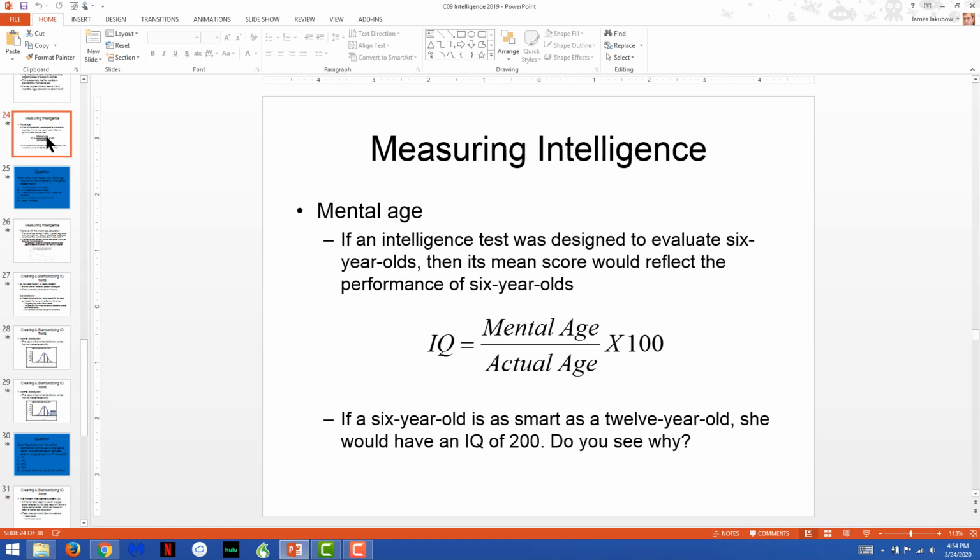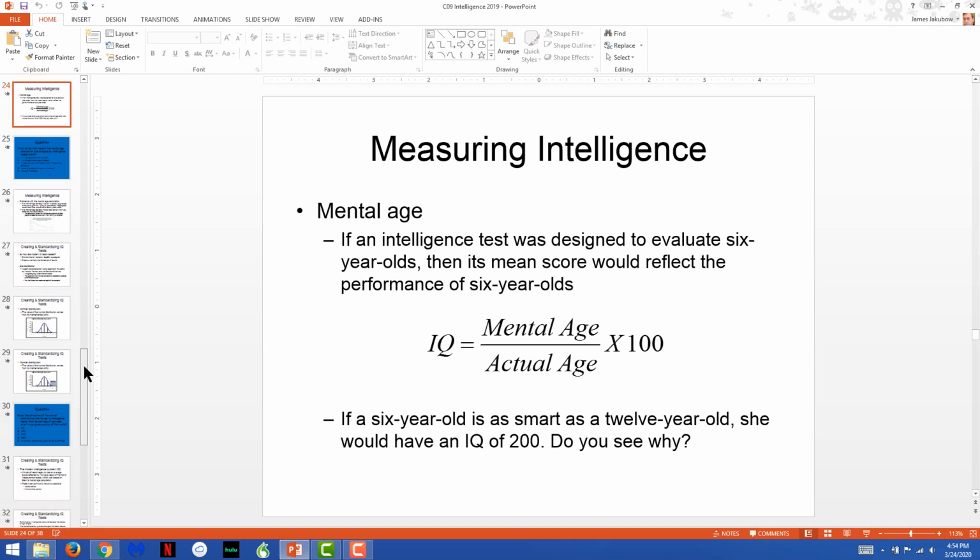Because in Stern's original mental age calculation, he did not want to deal with decimal places, so he just divided the mental age by the actual age and multiplied it by 100 to get rid of any decimal place. That made the value of IQ of 100 the average age, the age when your mental age and your actual age are exactly the same.